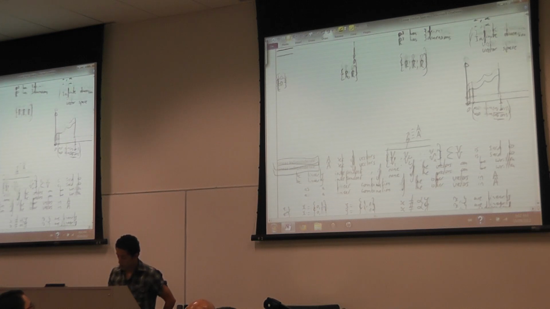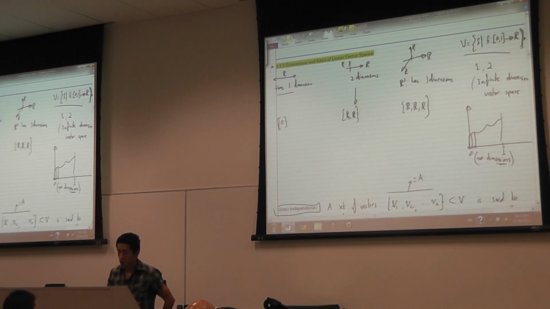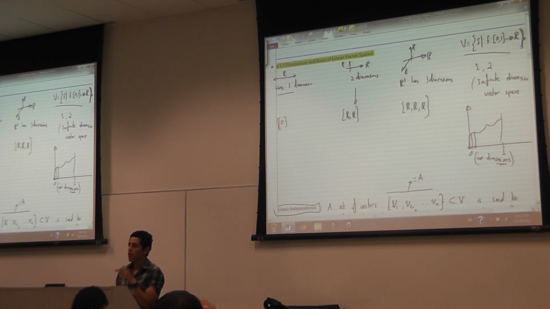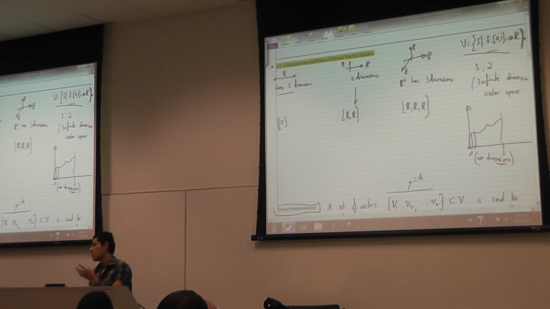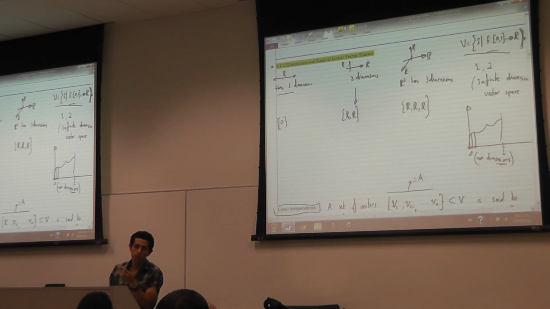For R, you can choose one as the basis; any number in R is a multiplier of 1. In R2, any vector is a combination of (1, 0) and (0, 1). Its basis set has 2 elements. In R3, the basis set has 3 elements. In this set, any basis set will have an infinite number of elements.